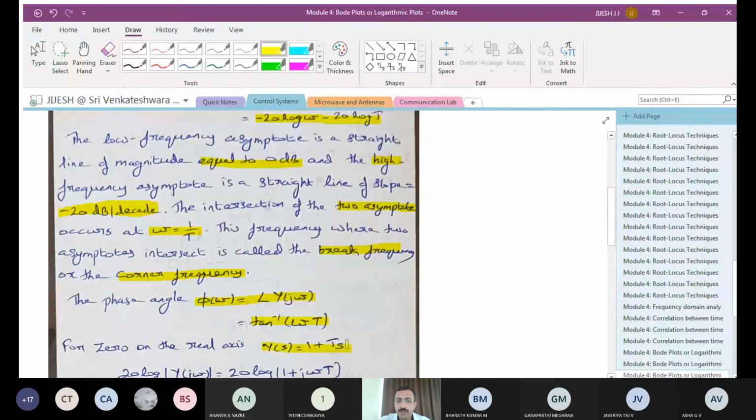For zeros on the real axis, y of s is equal to 1 plus ts. So let us consider that zeros are on the real axis.